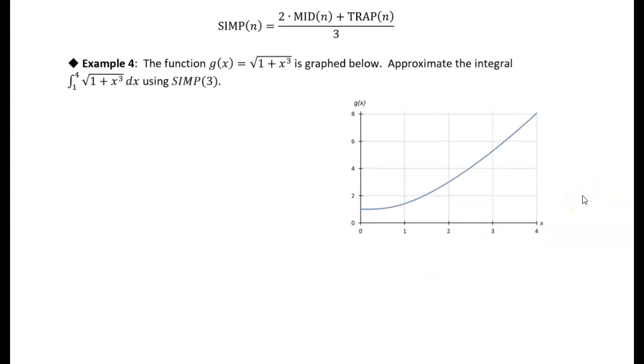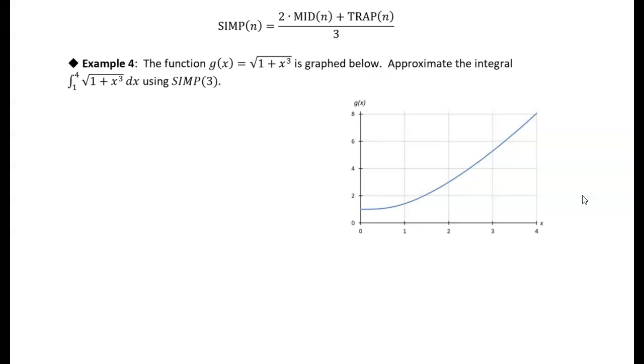Okay, so I'm going to leave Simpson's rule there so we can refer back to it. And here we're asked to calculate Simpson's rule for this function g of x equals the square root of 1 plus x cubed. All right, so what do we need to do?